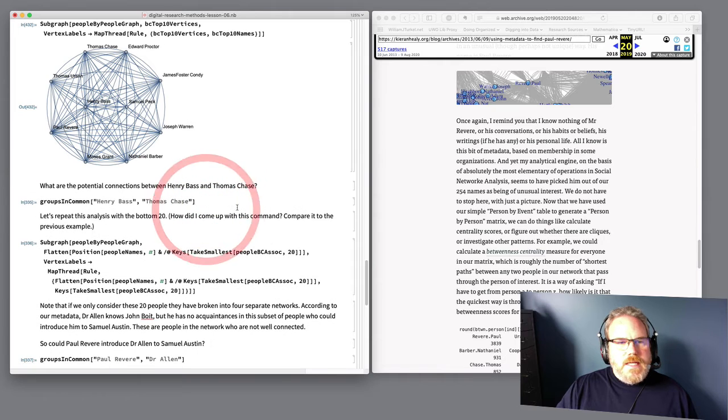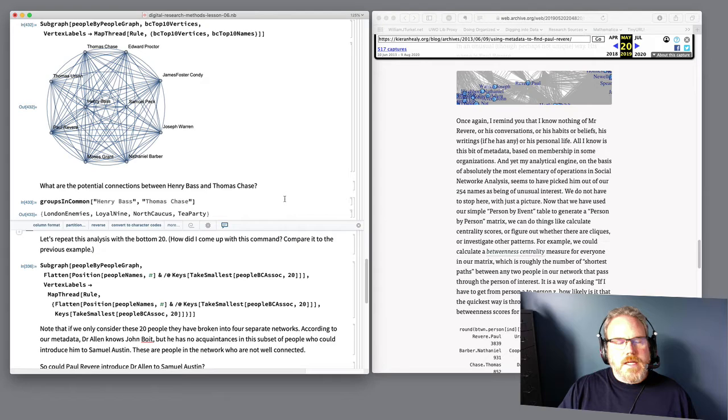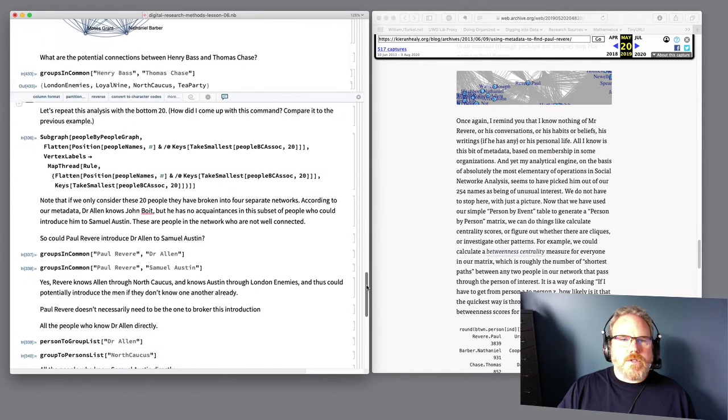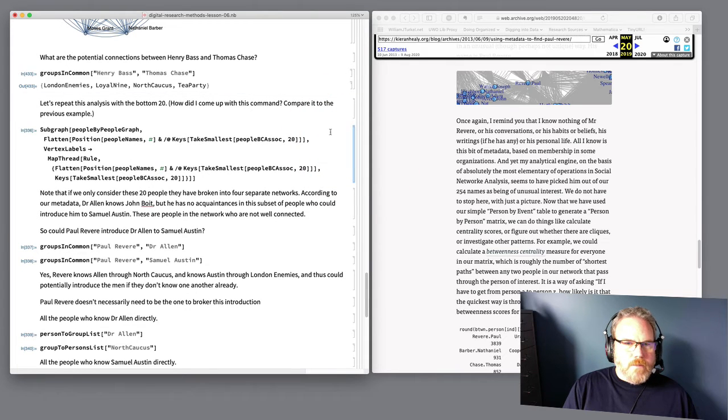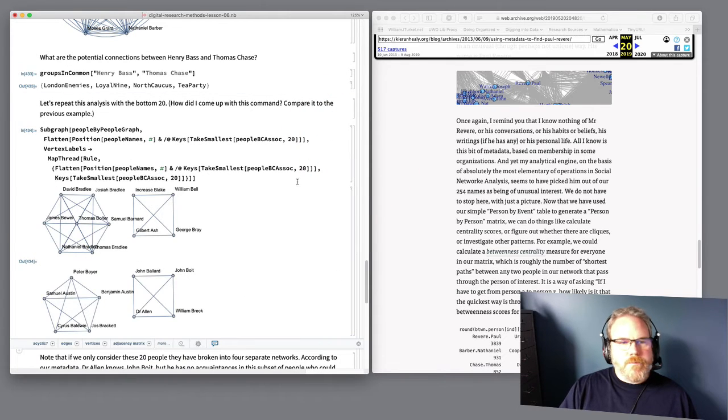And if we use groups in common, we can see the number of organizations in which a particular pair of people might be encountering one another. So Henry Bass and Thomas Chase, for example, have 4 organizations in common, and presumably might have many opportunities to encounter one another.